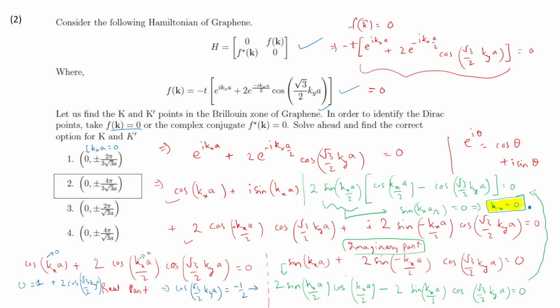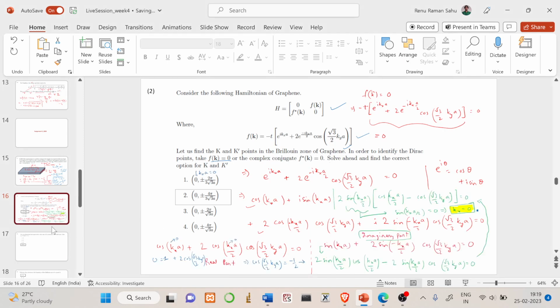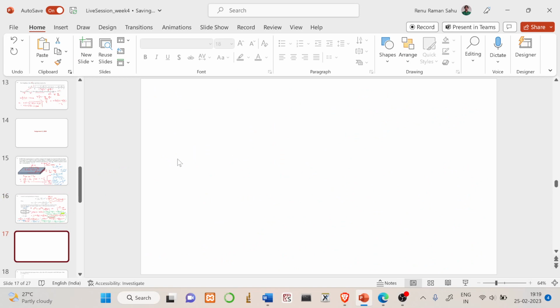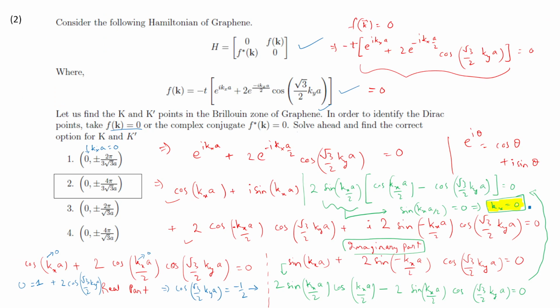So we'll get it from here. cos(√3/2 kya) is equal to minus 1/2, and minus 1/2 is cos(2π/3), and since cosine is an even function, plus or minus doesn't matter.